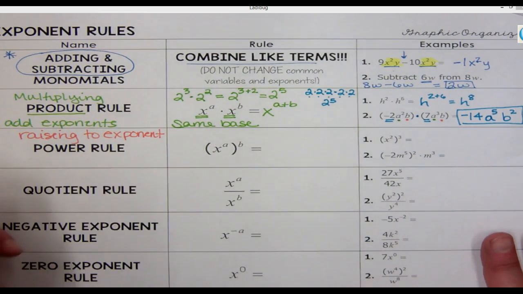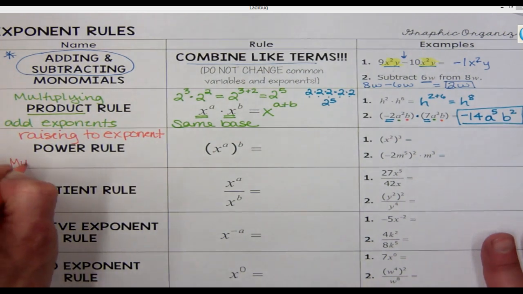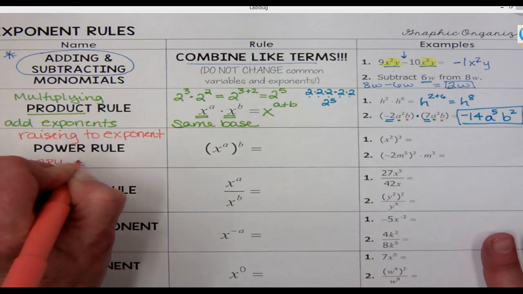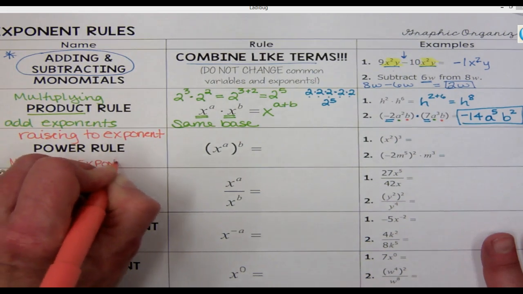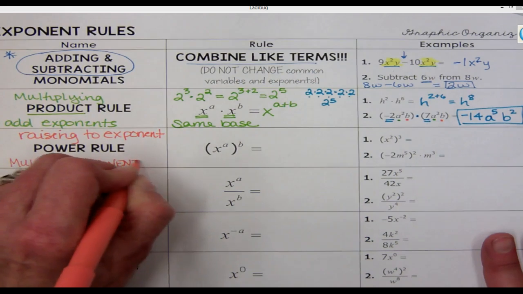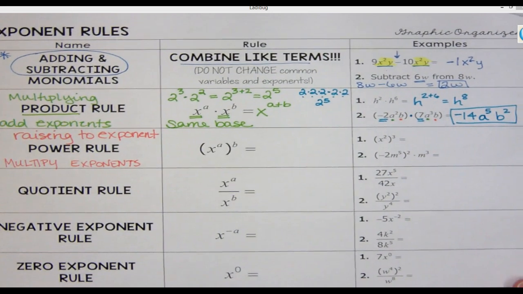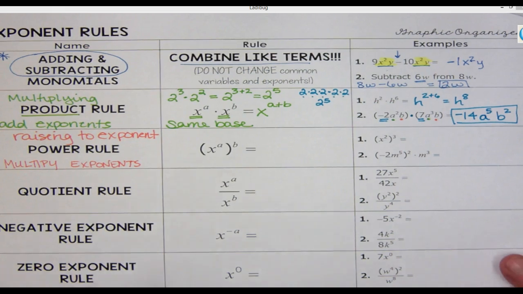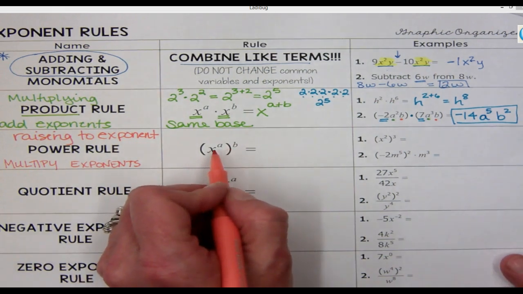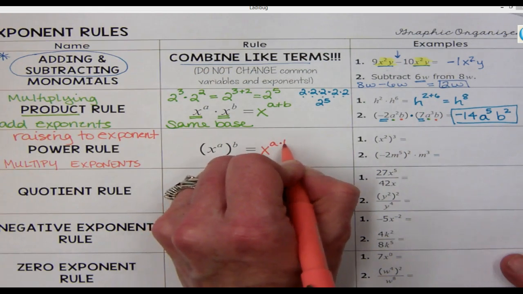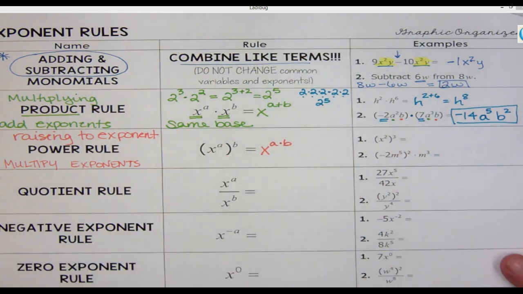And in this case, you're going to multiply the exponents. All right, so we're going to multiply the exponents. We've got this situation, x to the a times b.